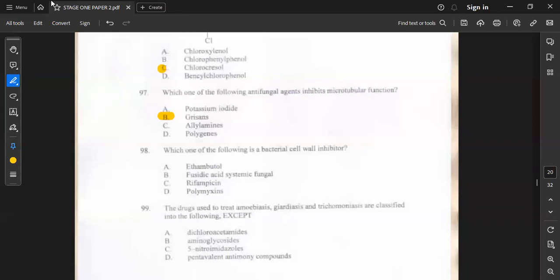They inhibit ergosterol biosynthesis by inhibiting squalene epoxidase. So she's told us the mechanism of action.